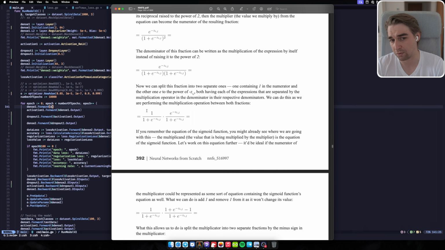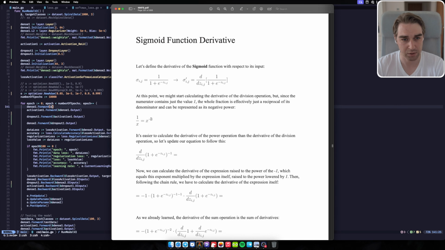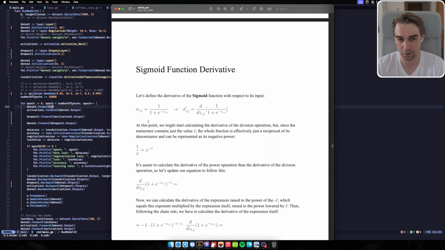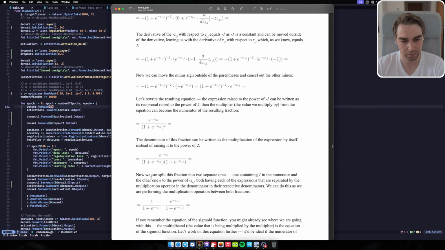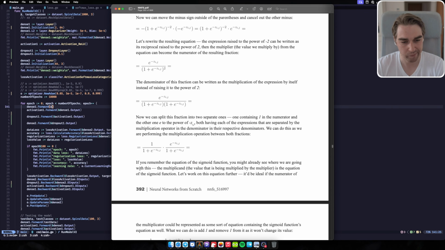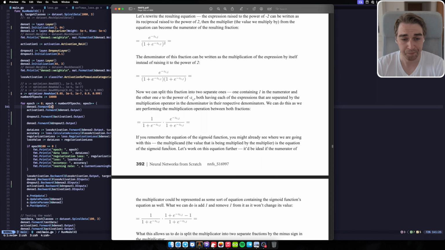That looks familiar, right? So this is basically the sigmoid function itself. The original one, this one, right? And then again, we have the sigmoid function multiplied by the e in power of -z. If you remember the equation of the sigmoid function, you already see where we're going with this.